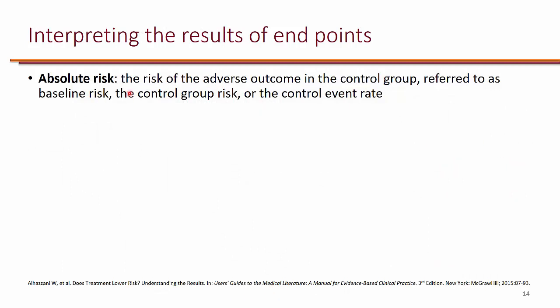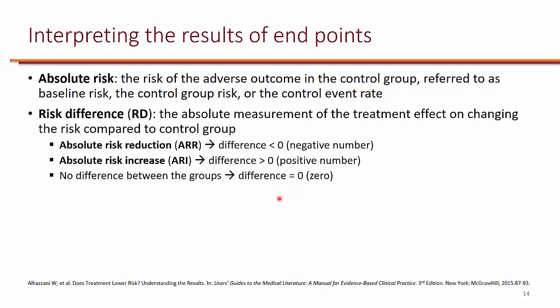So absolute risk is the risk of having your endpoint in each group. And once you have your absolute risk, as we saw on the previous page, then you can calculate the difference. If the difference is a negative number, that means your intervention actually decreased the risk.